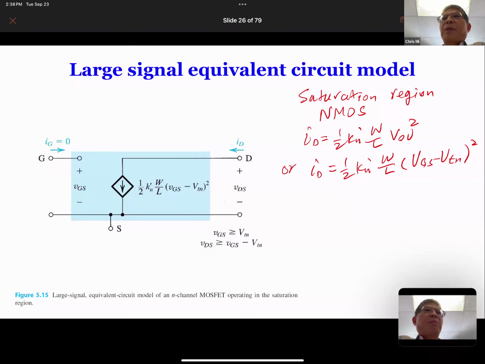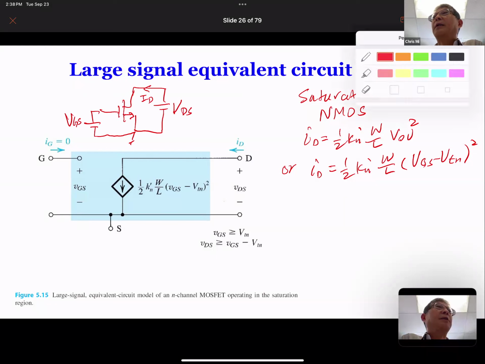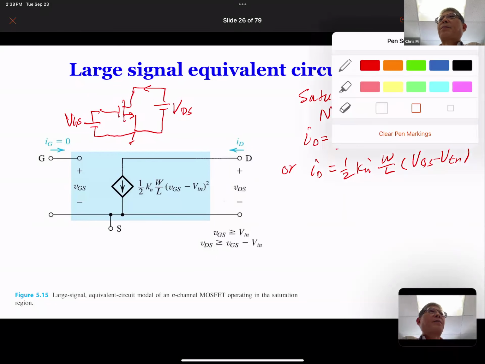So this circuit basically is a representation of this. Maybe we should use lowercase for consistency.